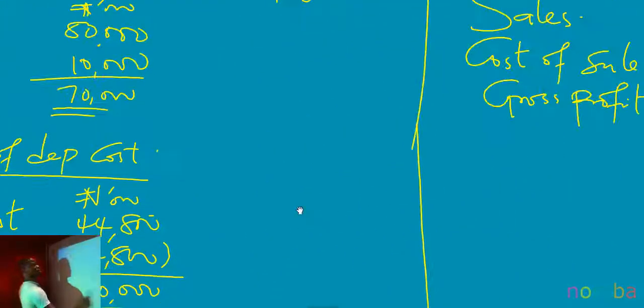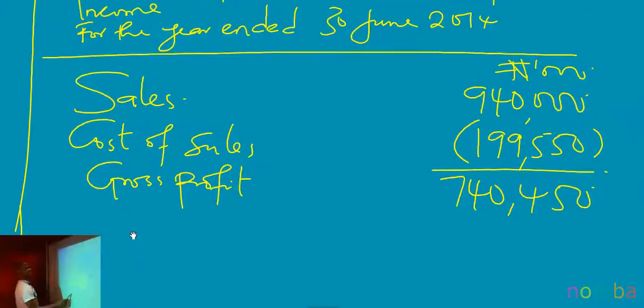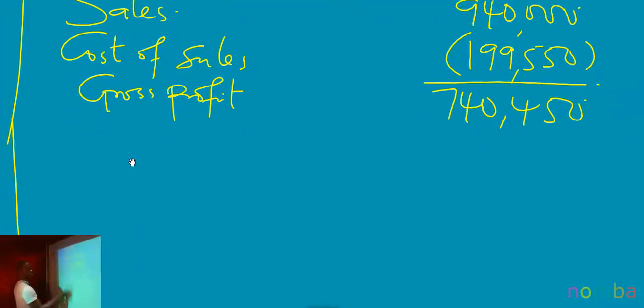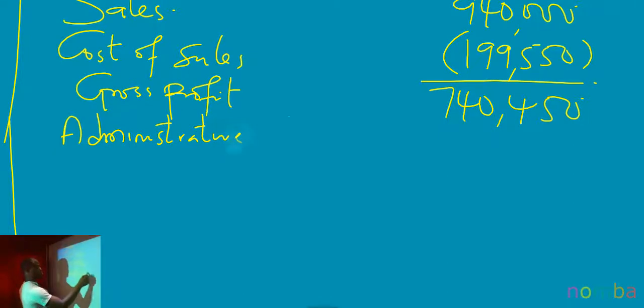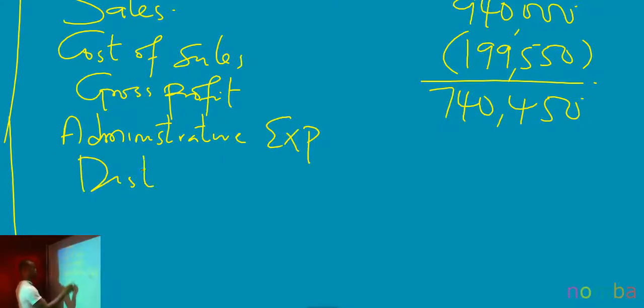So in the absence of that, we need to deduct the administrative expenses and the distribution cost.